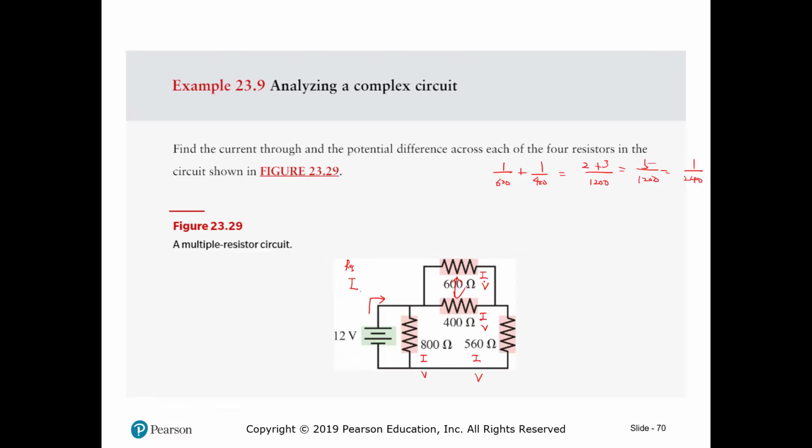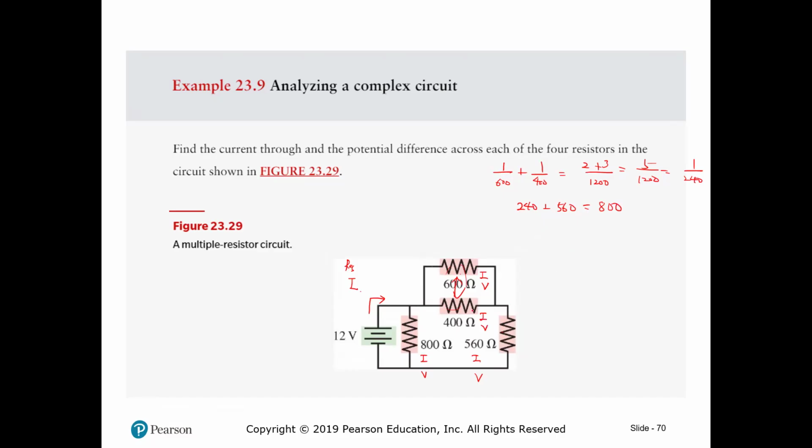So that means the combination of these two is 240, and this one is in series, right? So you have to add 240 plus 560, which is 800.